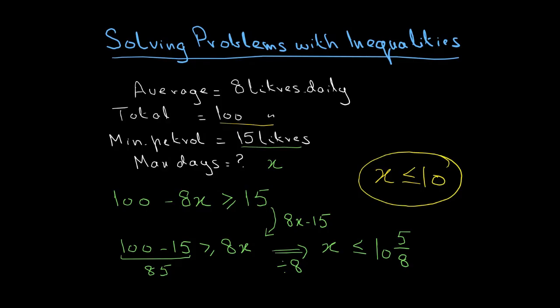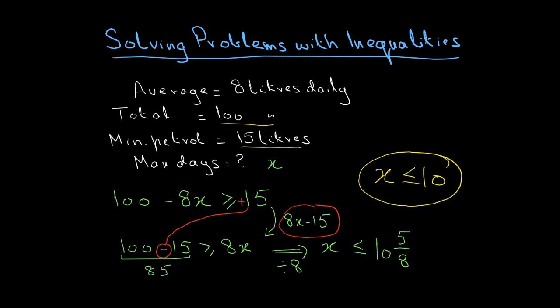So the answer is that x is less than or equal to 10, since we need x to be a whole number. Now, the way inequalities are actually solved is you don't think about this formally. It is kind of awkward to think about adding 8x minus 15 to both sides. What you really think about is that just as in an equality, when you move something across while adding or subtracting, you change the sign. So when plus 15 went to the left, it became a minus 15.